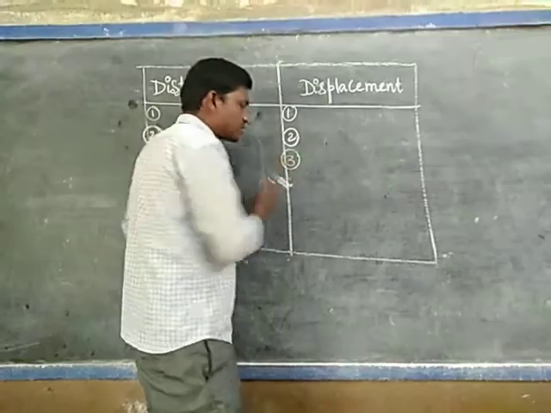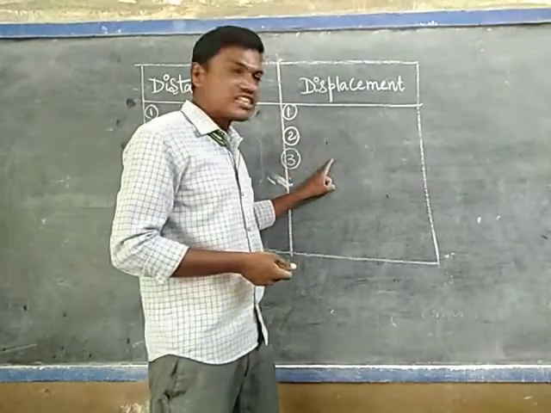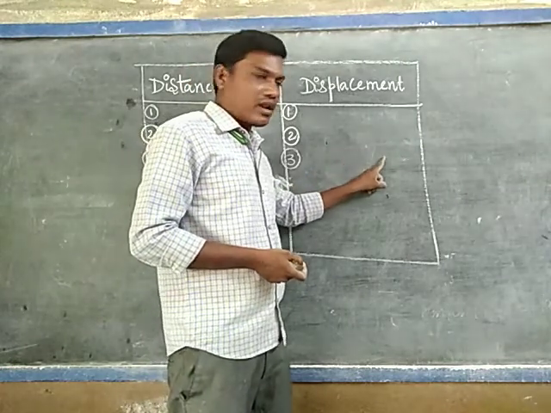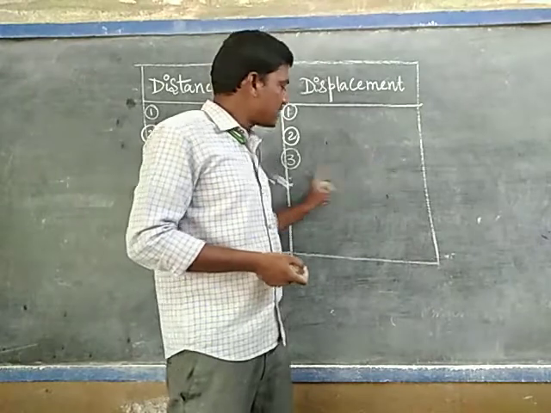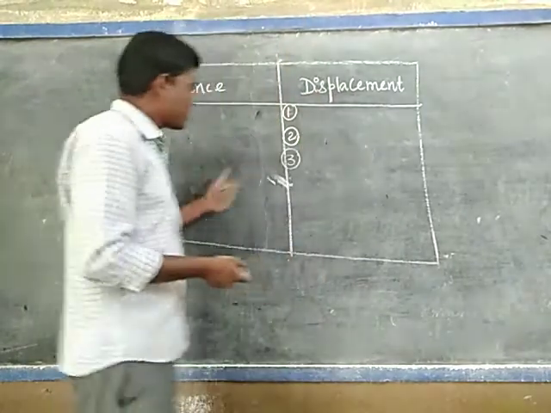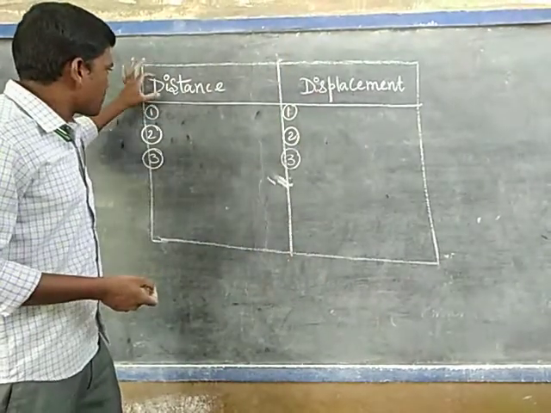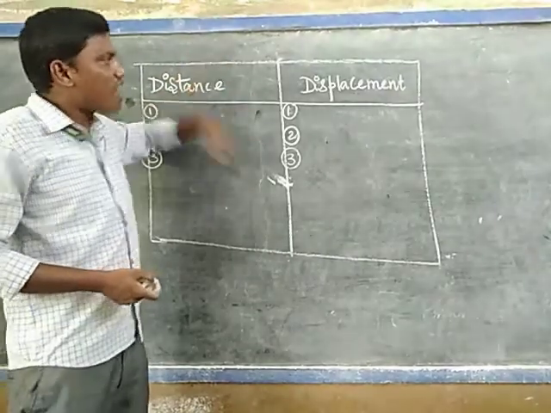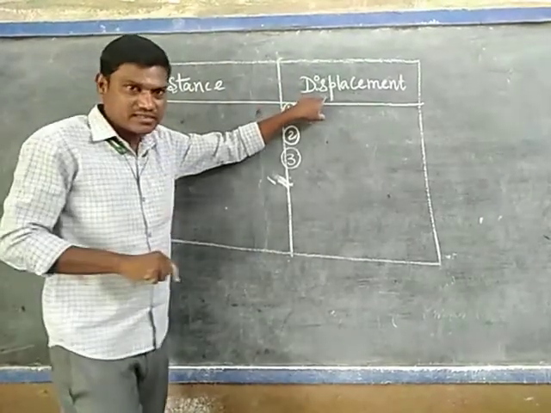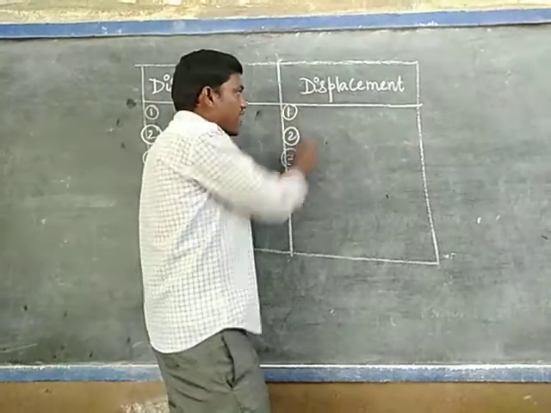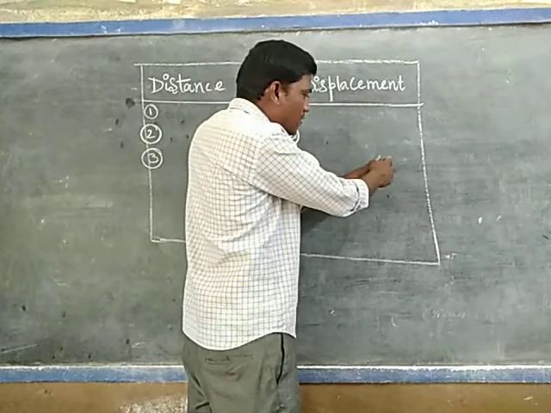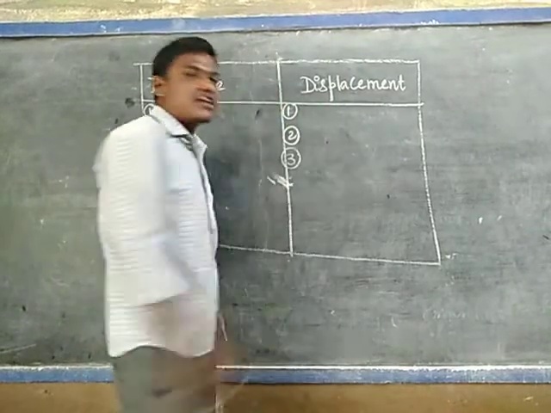Now under displacement, the magnitude, the numerical value, is equal to or less than the distance. Here is the small difference: the magnitude of distance is equal to or greater than which one? Displacement. Next, under displacement, the magnitude of displacement is equal to or less than which one? Distance.